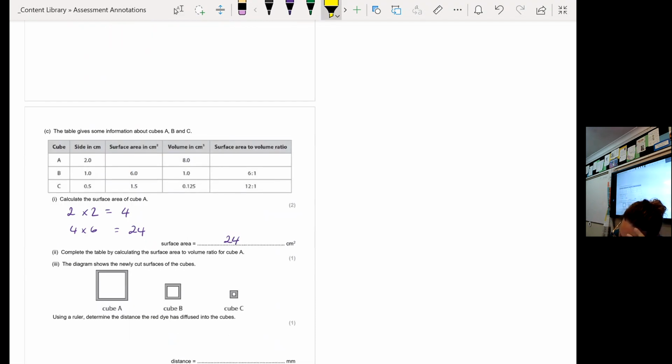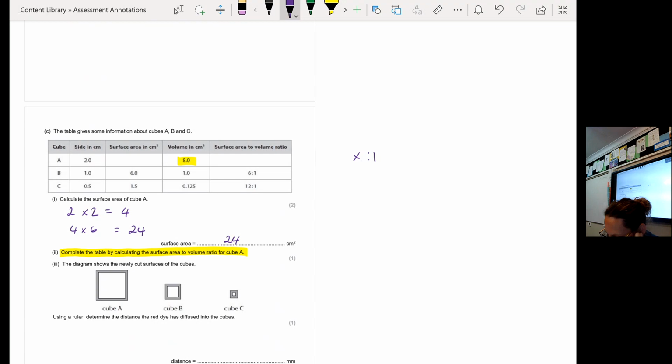Then I've got a question here, don't forget this one. It's hidden underneath this, because you haven't got much space, but it says complete the table by calculating the surface area to volume ratio for cube A. They've already done the volume, but if I'm calculating the surface area to volume ratio, I need to get it expressed to 1. So I want to have x to 1, and 1 is going to be my volume.